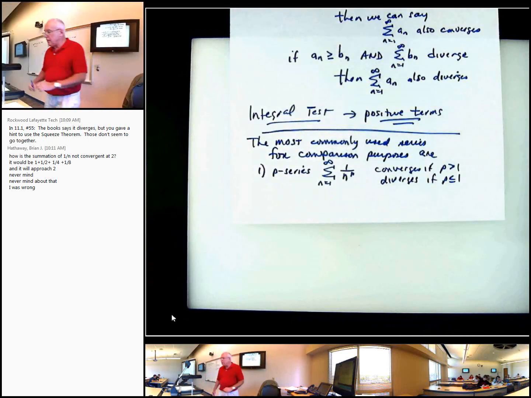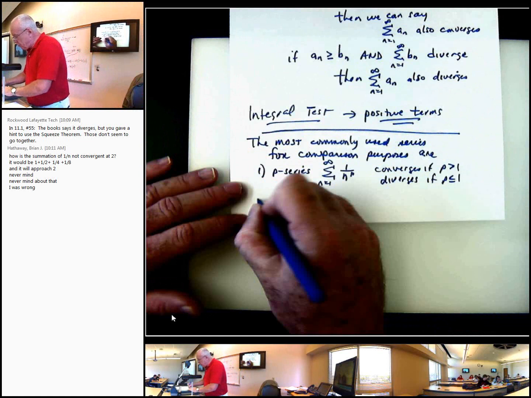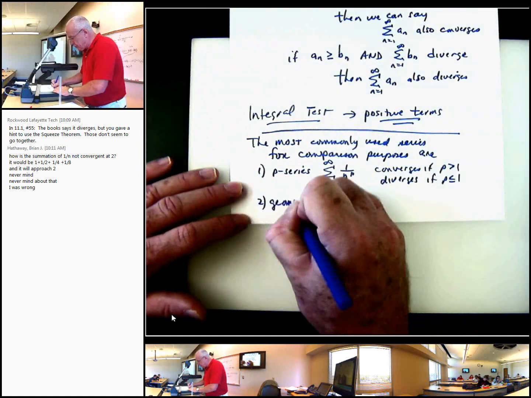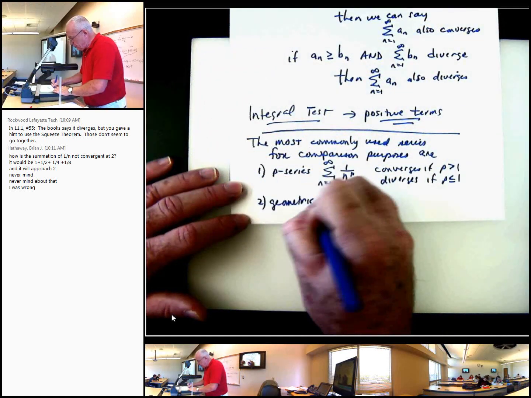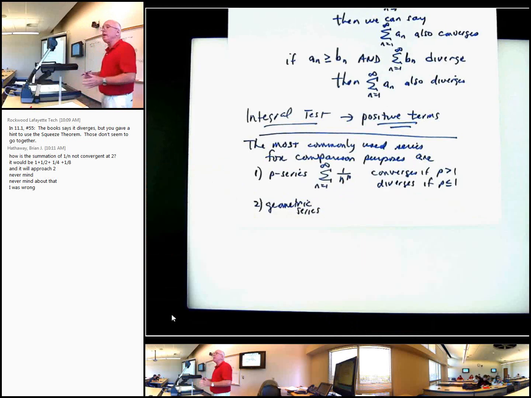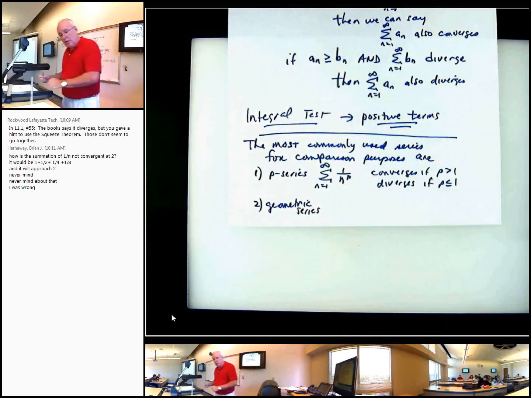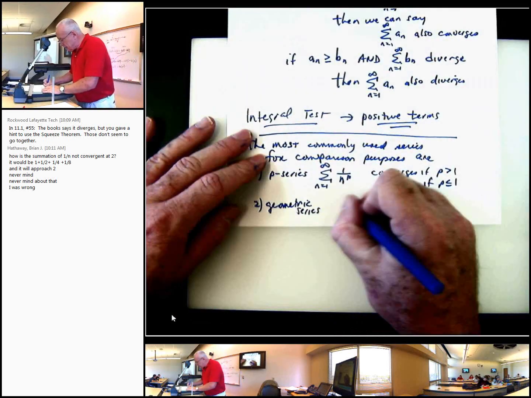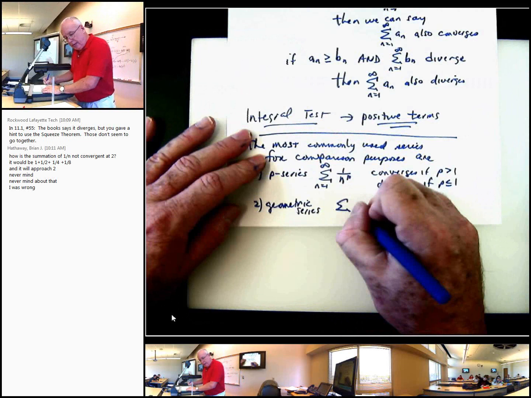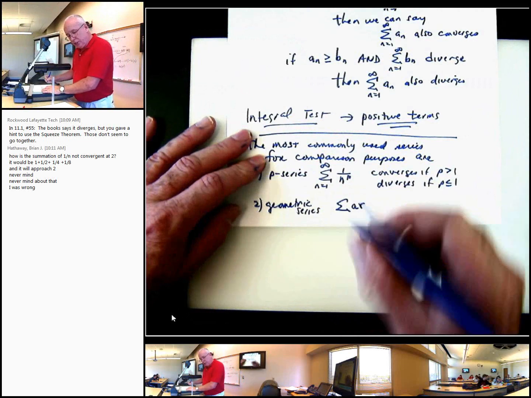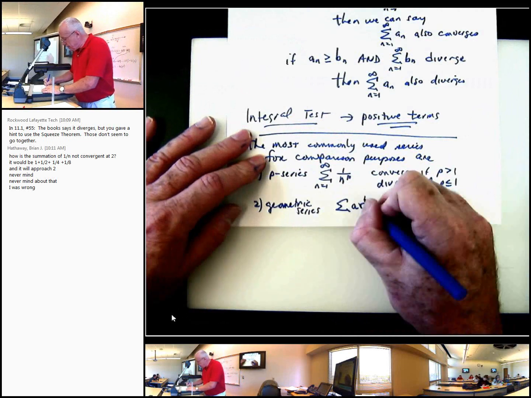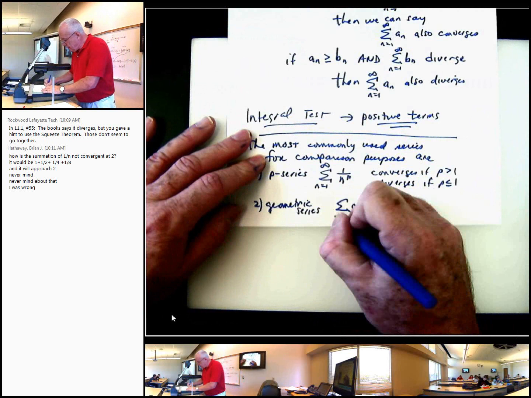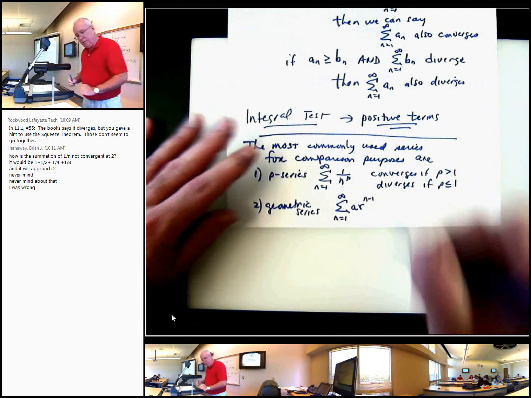And then the other type of series that we've looked at is the geometric series. That's where we keep multiplying by a common ratio. And so that's represented as some number a times the common ratio r to the n minus 1 power, and we go n equals 1 to infinity.